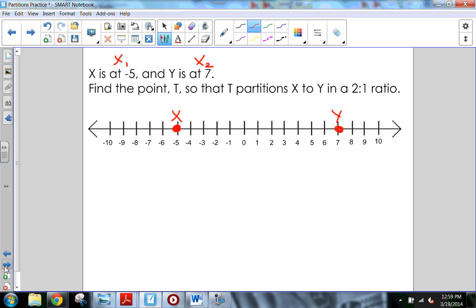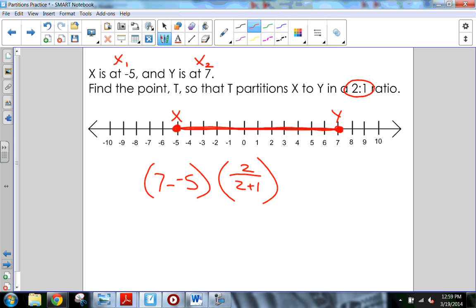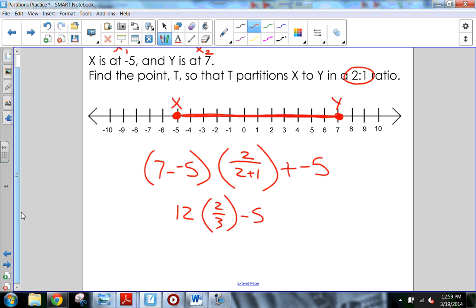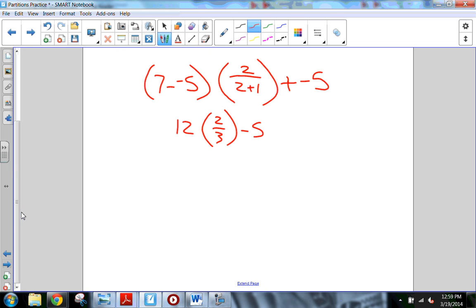We plot this line segment to start, and then we use the formula and the ratio to find the rest. So this would be 7 minus -5 times 2 over 2 plus 1, plus -5. I work this out, I get 12 times 2/3 minus 5, which ends up being 8 minus 5, which is 3, so t will be equal to 3.